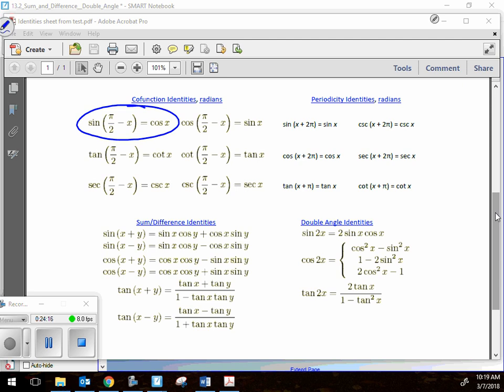Okay. Oh, wait, there's something else. Here's sine of something being subtracted. Maybe that's something that I should use. Those are the only two where sine has something in its parentheses being subtracted, right? So it's one of those two. Now let's go back over and figure out which one might work.